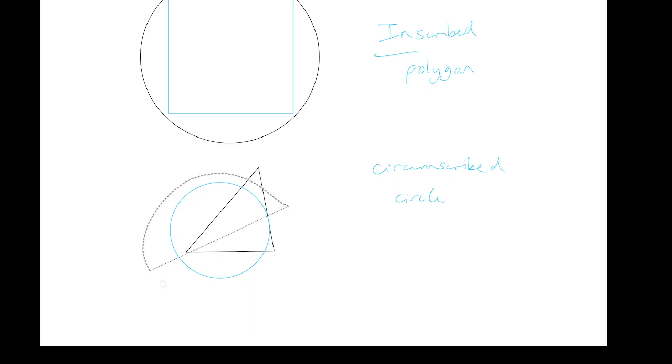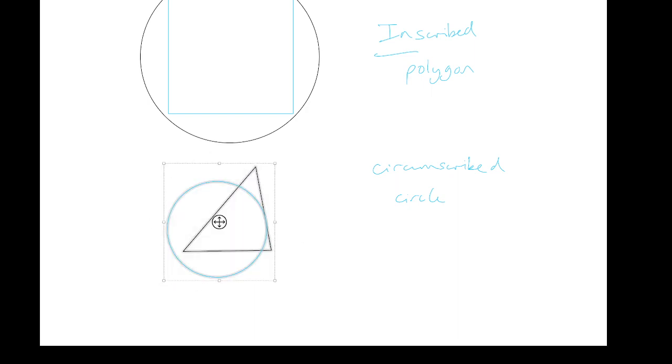Yes, that is a little off-centered. So let me move this guy. Move my circle here, and adjust this guy so my vertices are on the circle. Okay? So when you guys see those terms, you understand what they are saying.